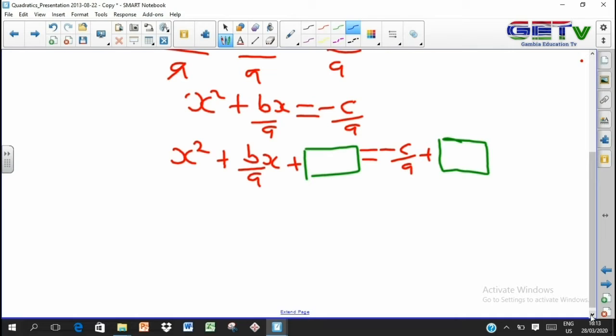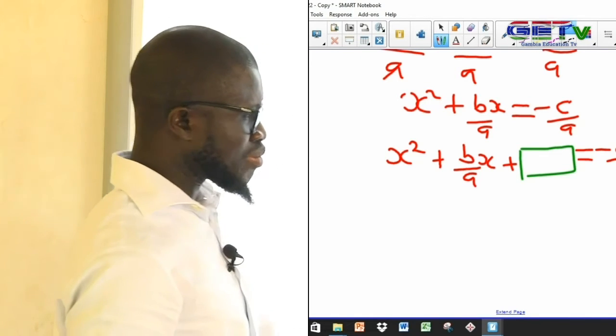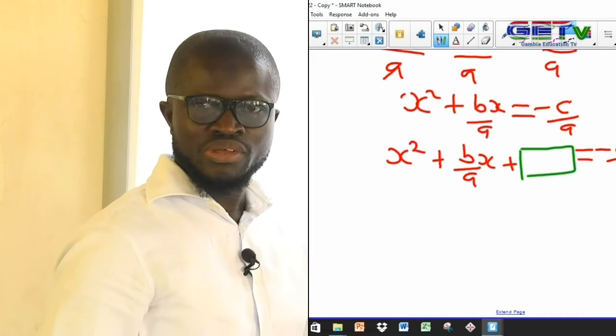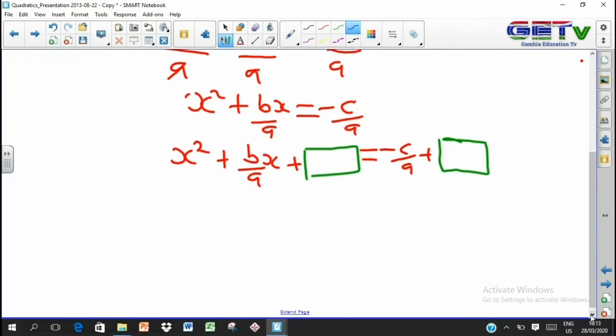So what is going to be the number here? Remember, we always take the b value and divide by 2. But like I said, it could also mean multiplying the b value by half, since the result will always be the same. So our b value in this expression is b over a. All right?